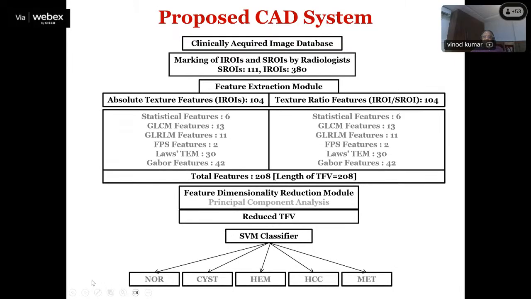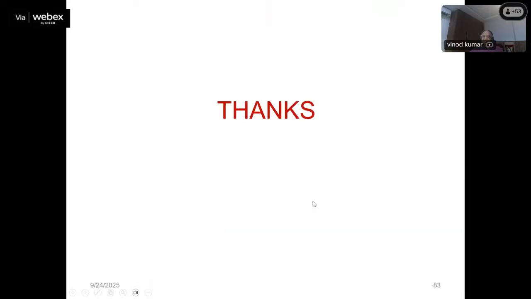Then the second setup where SVM was used with the IROIs only, the IROI by SROI ratio only, then combined features, and with principal component analysis, reduced features. So 4 studies were done: TFV1, TFV2, TFV3, and combined TFV4 with principal component analysis. And this was what I just wanted to share with all of you.